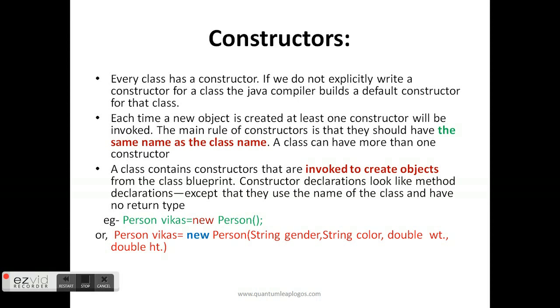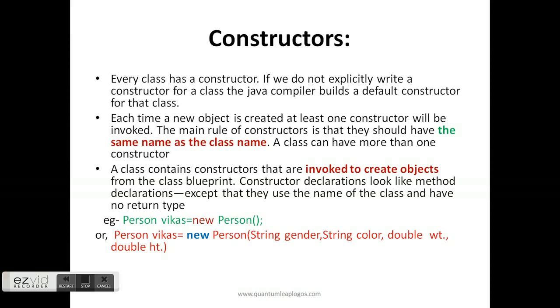Each time a new object is created, at least one constructor will be involved. When we are going to instantiate a new object, first the constructor is invoked, then the object is created. And how is the constructor invoked? Through the keyword new.